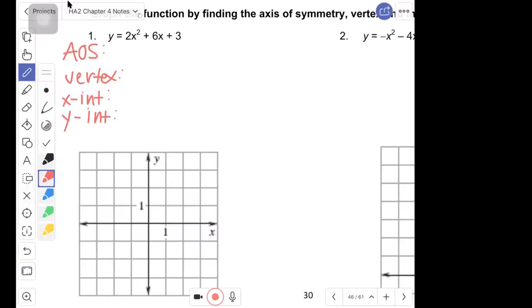We know how to find the axis. We know how to do this. So I will give you a few minutes to go through and try this problem on your own. And then we're going to go through it together. Be careful of your signs. Be careful of your notation.